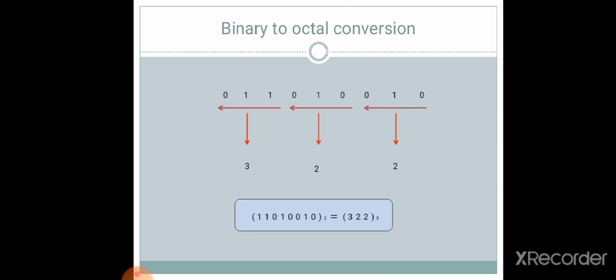Why are we making 3-bit binary groups here? Because 3-bit binary groups means 2 raised to 3 is equal to 8. So you are able to put only 8 decimal numbers, which is equivalent to the octal number system, right?